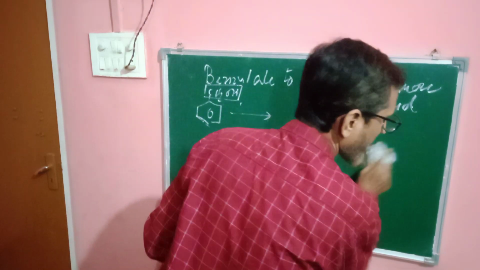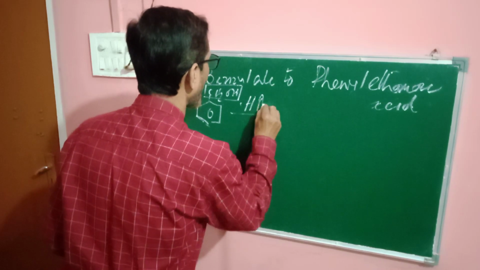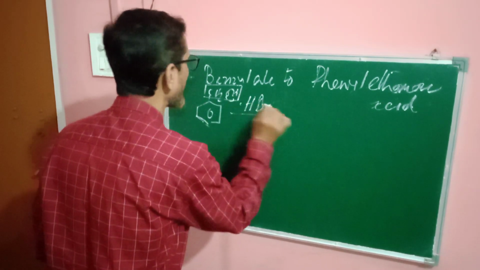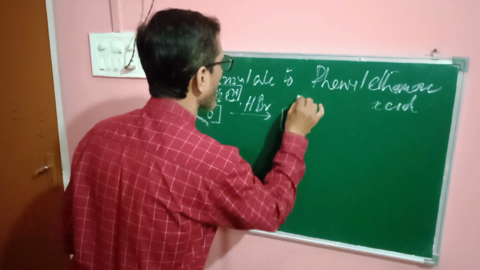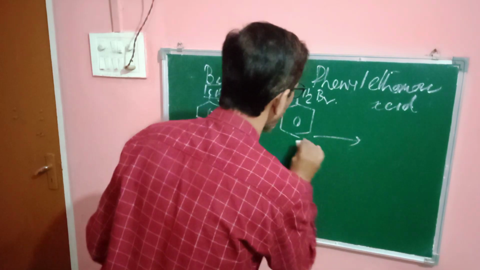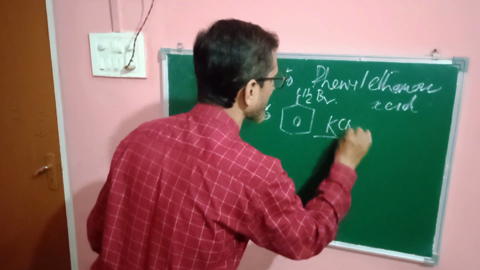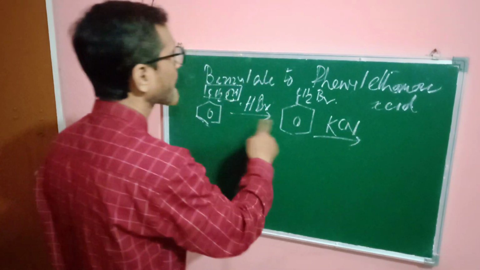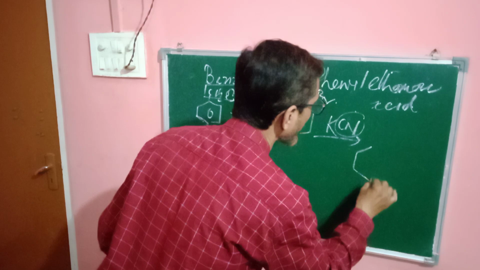We'll do one thing. First, we'll replace OH by Br, giving CH2Br. Then we'll replace Br by CN by reacting this with KCN.